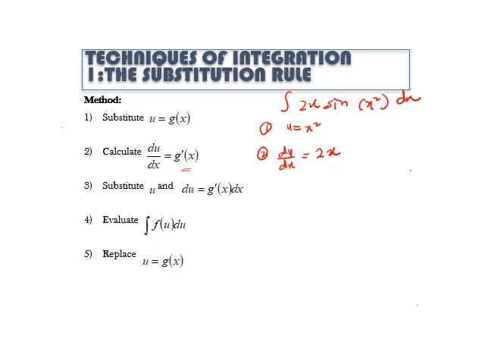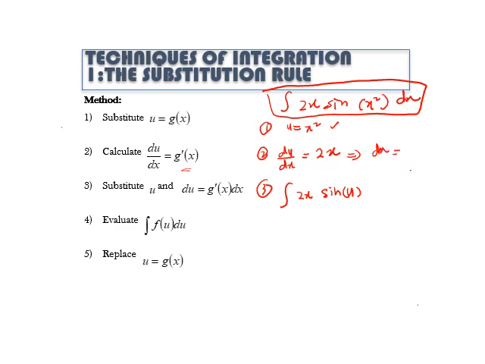And then substitute in the original integral here. So just substitute u, so there will be sine u. So dx is equals to du over 2x. So you can cancel the 2x here. So you are left with sine u du. Okay. So this is number 4.